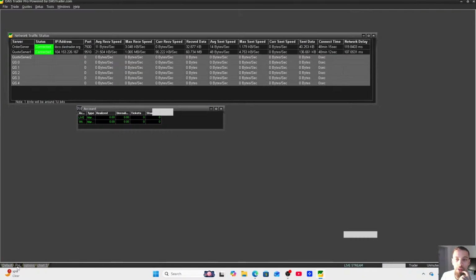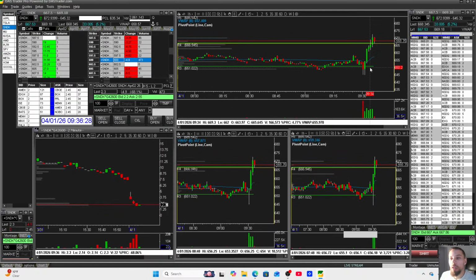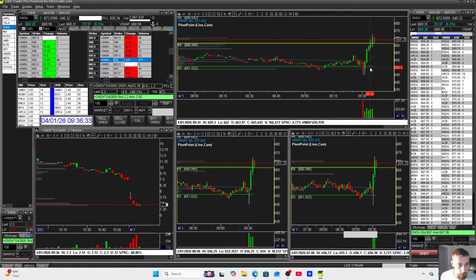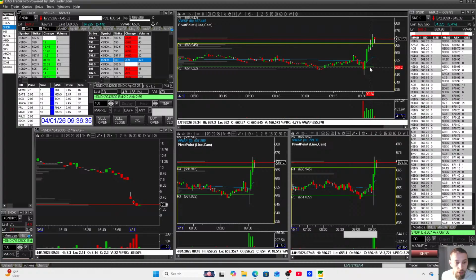Make sure our ping's good. Ping's good. Okay. Price action on SanDisk is not the best, so I have to really rely on the volume.